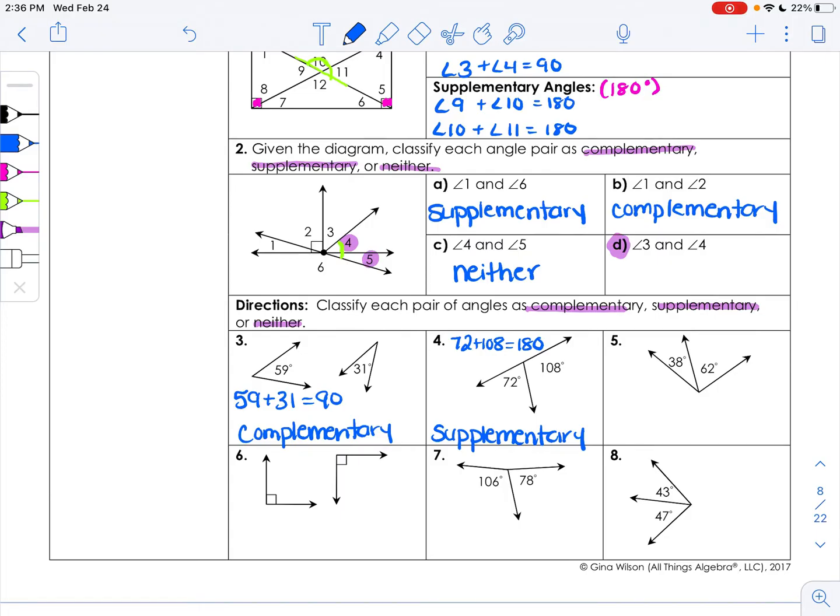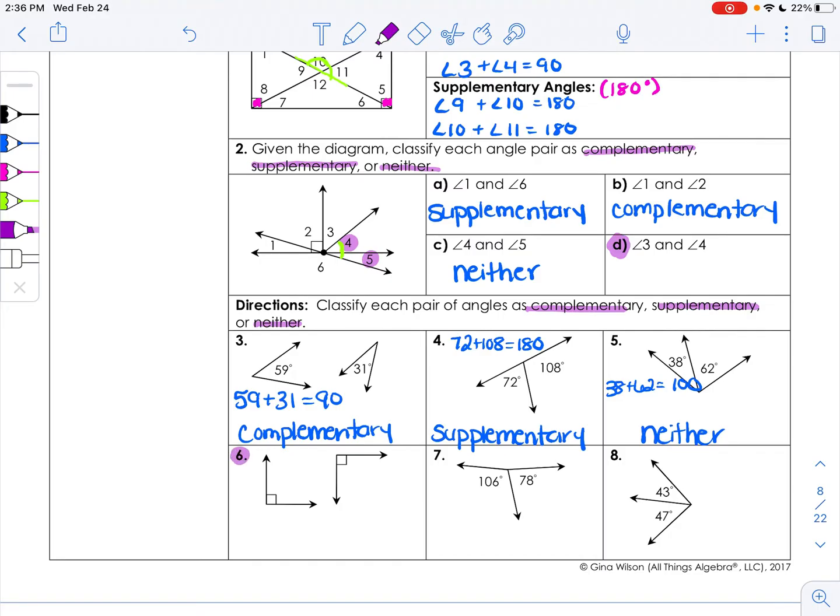Number 5, we're going to add together the two angles, 38 plus 62. 38 plus 62 equals 100. 100 is not an angle measure that can be classified by either complementary or supplementary. So these are neither complementary or supplementary.